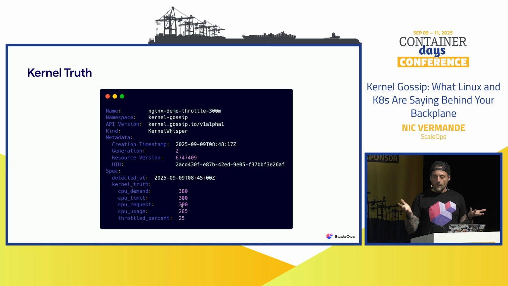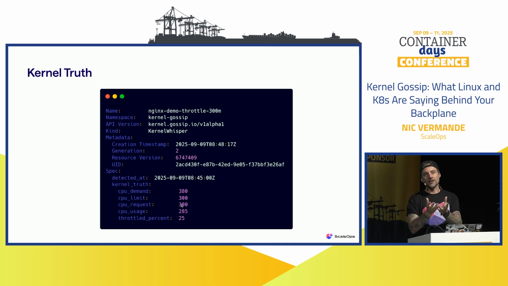So here, the idea is to gather the throttle percentage via an observability tool. If you divide the CPU usage by the percentage of time the container is not throttled, so basically 1 minus the throttle percent, which is 25 in our case, so 0.75. If you divide 300 by 0.75, normally you should get 380, right?